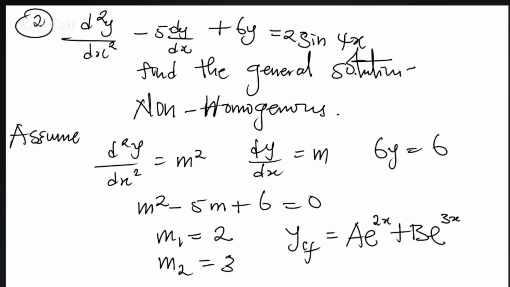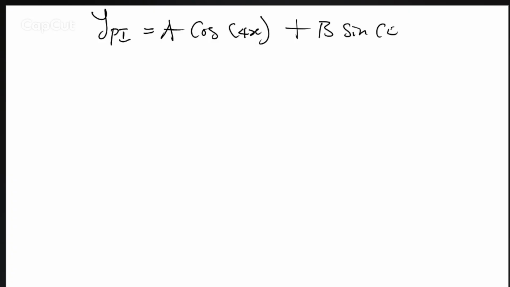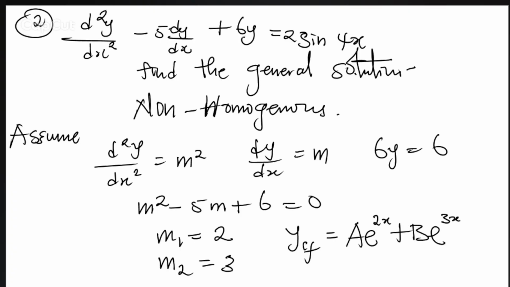If you want to introduce an equation for your particular integral, we'll simply have that your y_PI will be equal to A cos 4x + B sin 4x, such that your equation will be similar to your differential equation given to you.